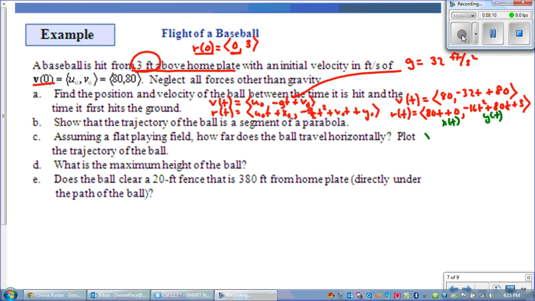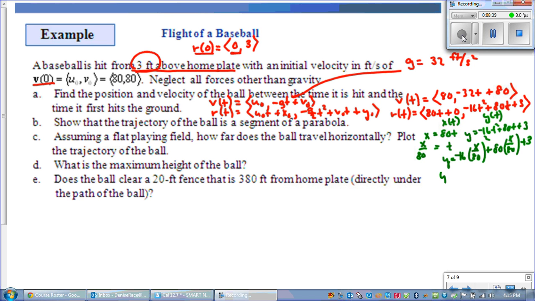So we know that x is 80t, and we know that y is negative 16t squared plus 80t plus 3. So changing t to x over 80, then we get y equals negative 16 times x over 80 squared plus 80 times x over 80 plus 3.